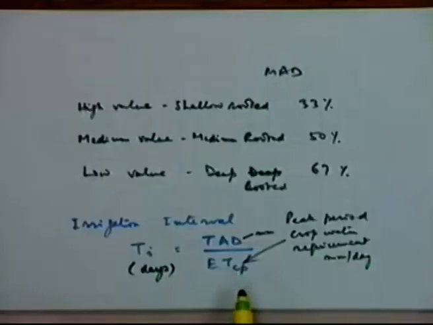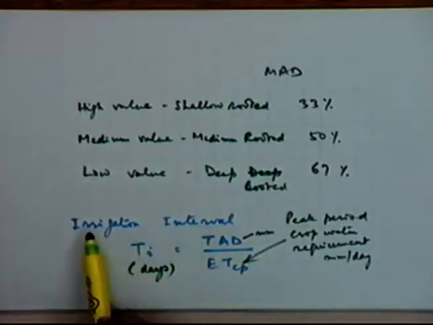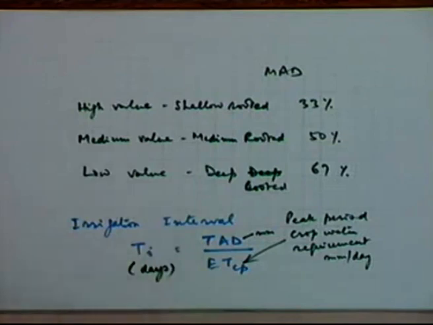That is again a management decision, dependent on you as an irrigator or as a farmer, how much time you want to utilize for the irrigation to be completed. But it cannot exceed this irrigation interval period. You must complete the irrigation within this interval. It can be much less than this.